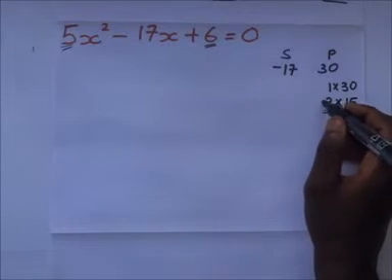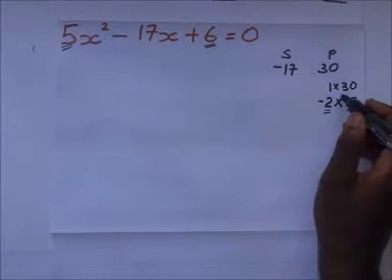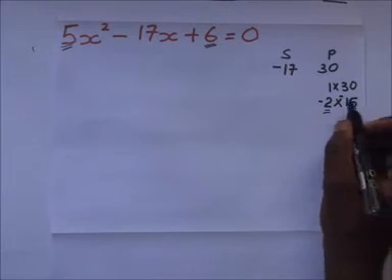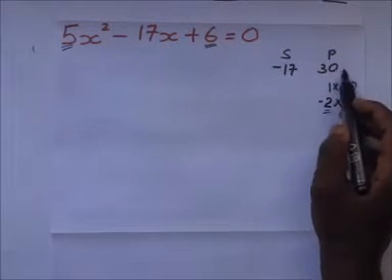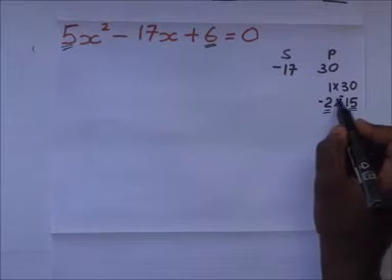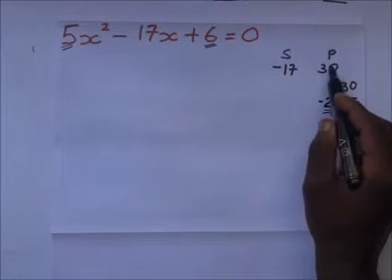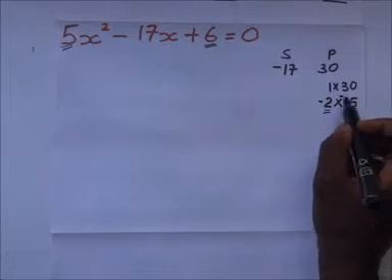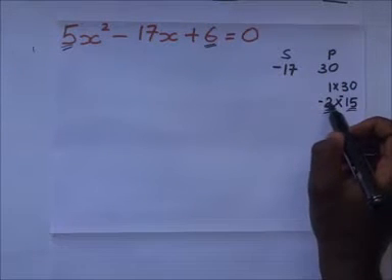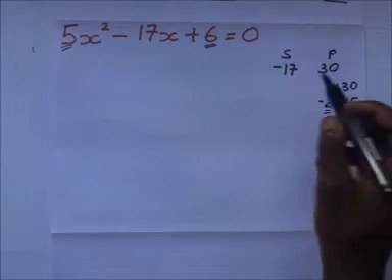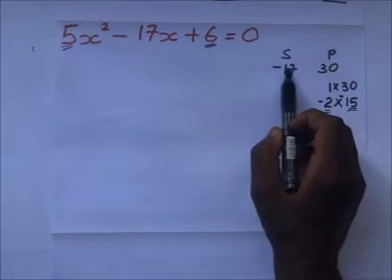If I make this 2 negative and this 15 also negative, negative 2 times negative 15 will give us a positive 30, because when you multiply a negative by a negative, you get a positive. So negative 2 times negative 15 will give us positive 30. And negative 2 plus negative 15 is going to give us negative 17.